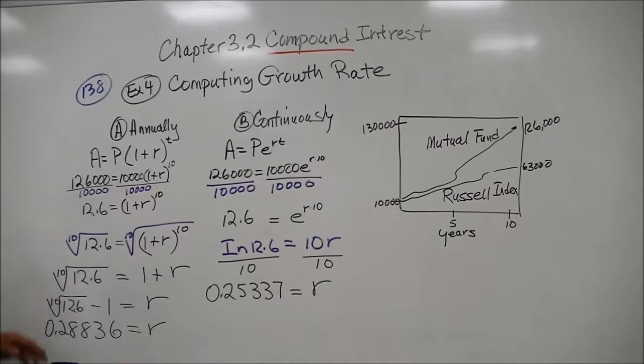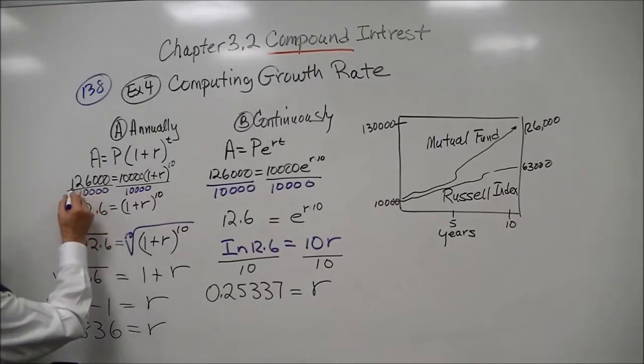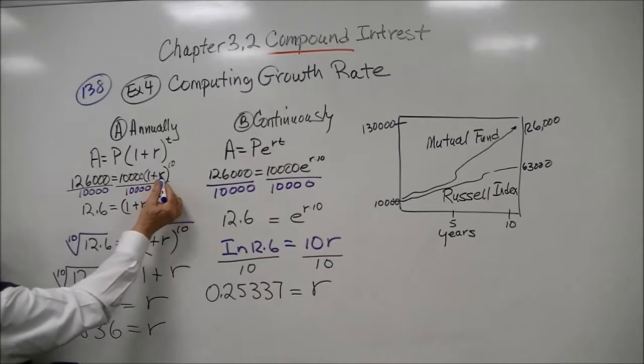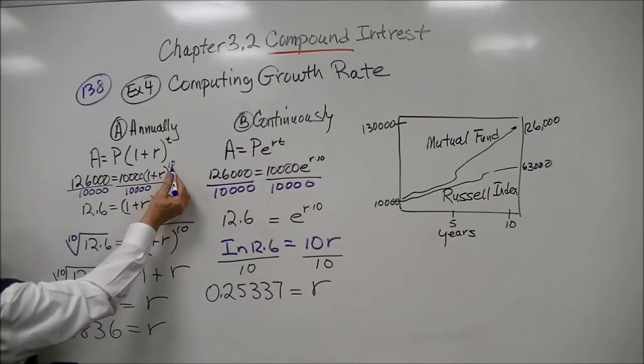So we're going to put in our information. There's our 126,000. There's our 10,000. We don't know the rate, but we know the time was 10 years.